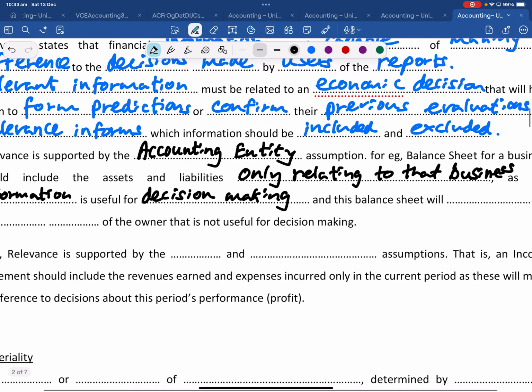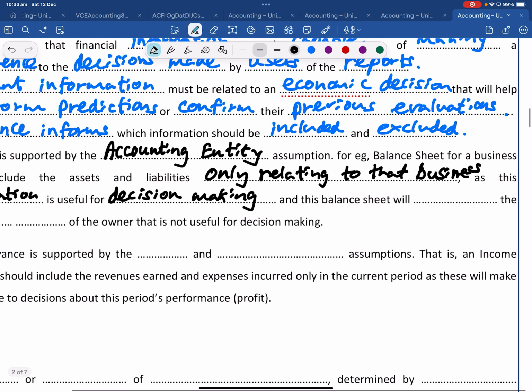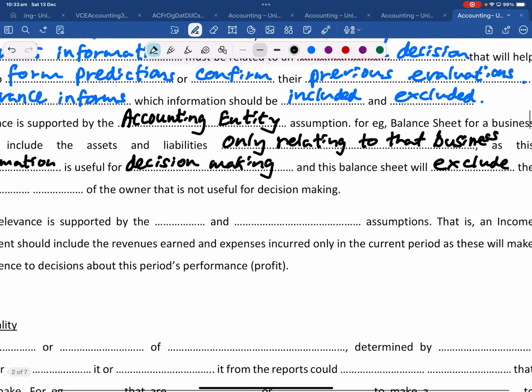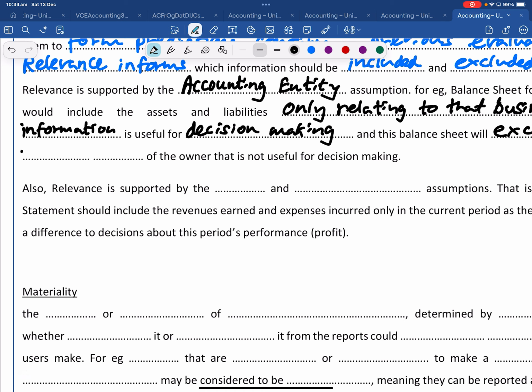And this balance sheet will exclude the personal assets of the owner that is not useful for decision making.